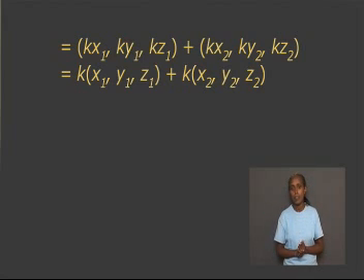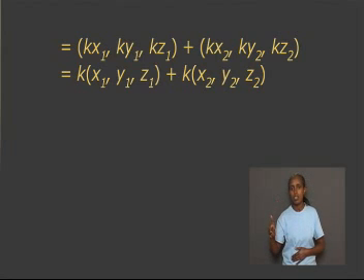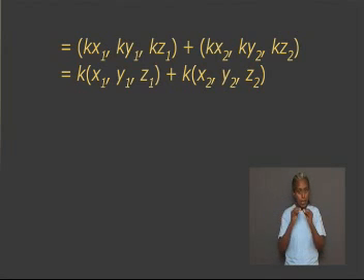We can see that the result of our equation is k times x1, y1, and z1 plus k times x2, y2, and z2.